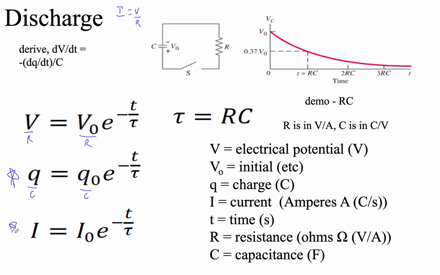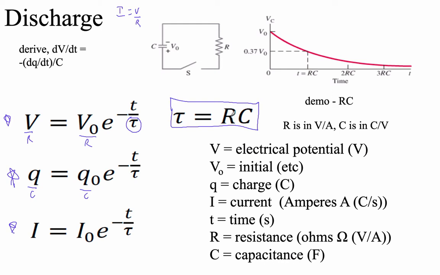And then I get this guy, okay? So everything about a discharging capacitor, the voltage across it, the current, the charge on it, the current flowing out of it, decays exponentially, just like this.